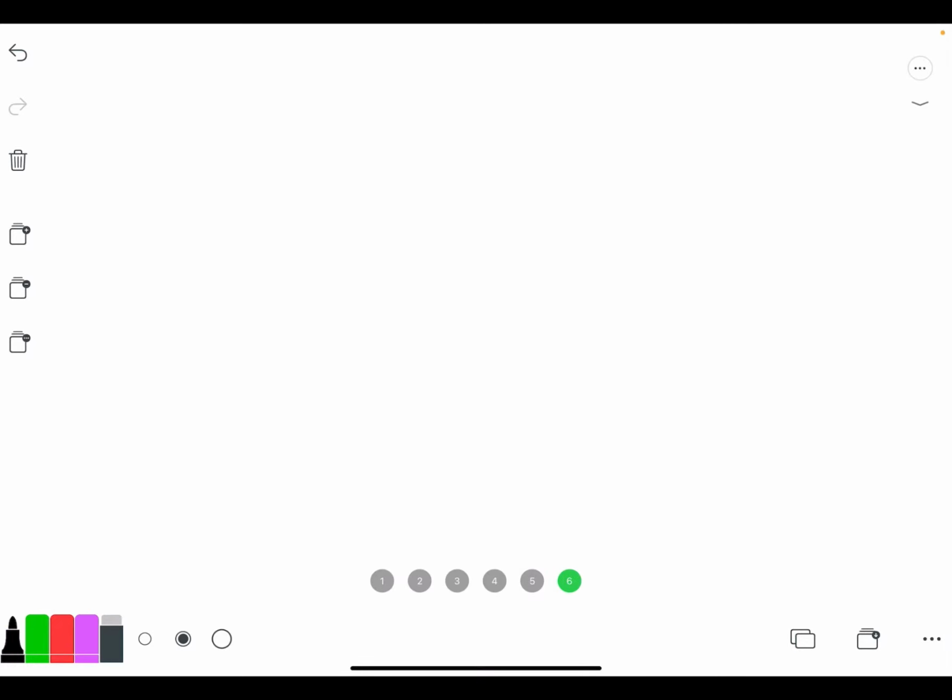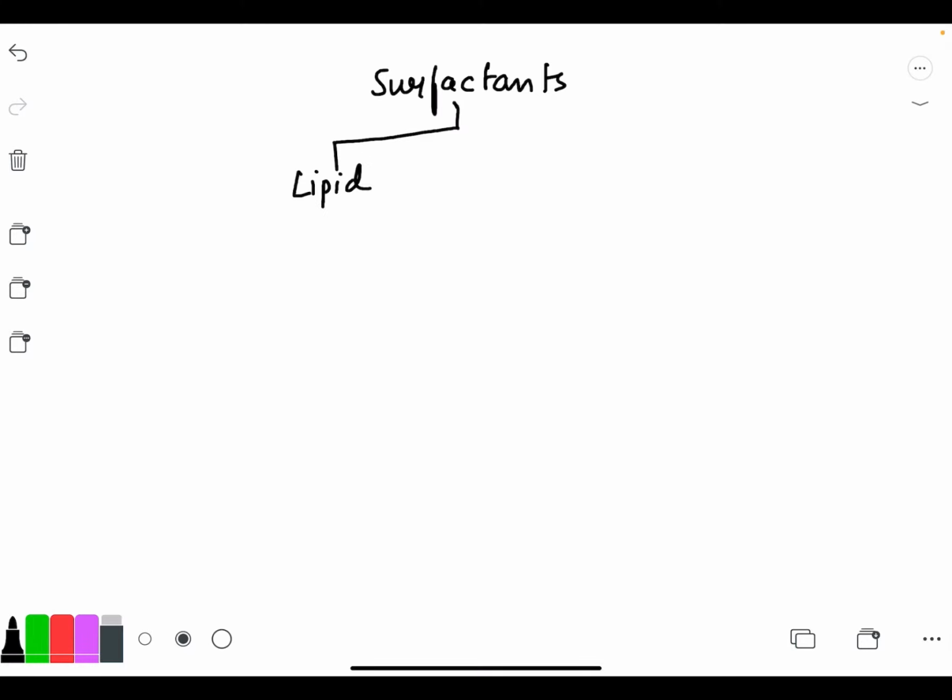Surfactants are basically of two types: lipids, this is what we talked about, and proteins. The surfactant lipids are mainly composed of dipalmitoyl phosphatidyl choline or DPPC, or lecithin.